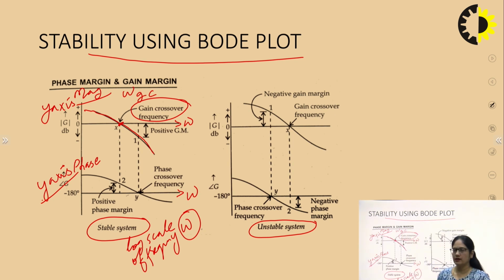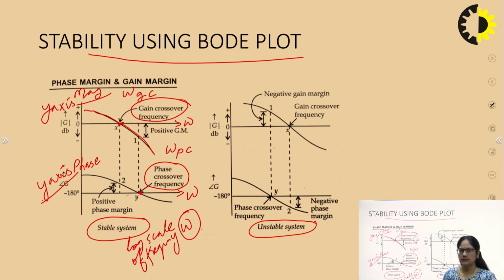Similarly, when we plot the phase on semi-log graph paper, the frequency where the phase plot crosses the minus 180 degree mark is known as the phase crossover frequency, omega PC.